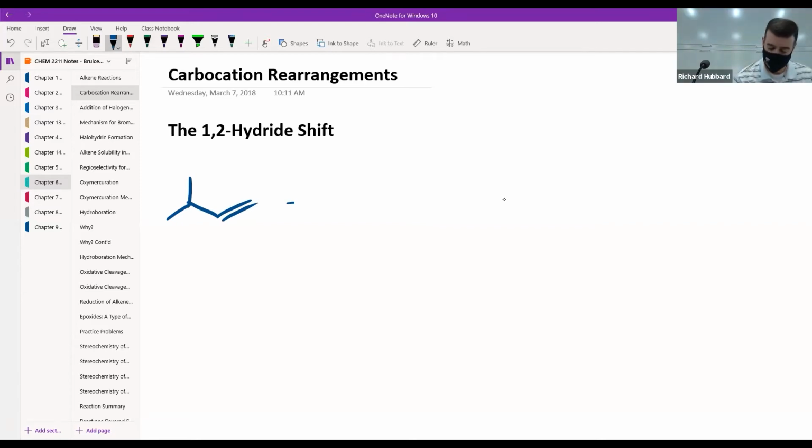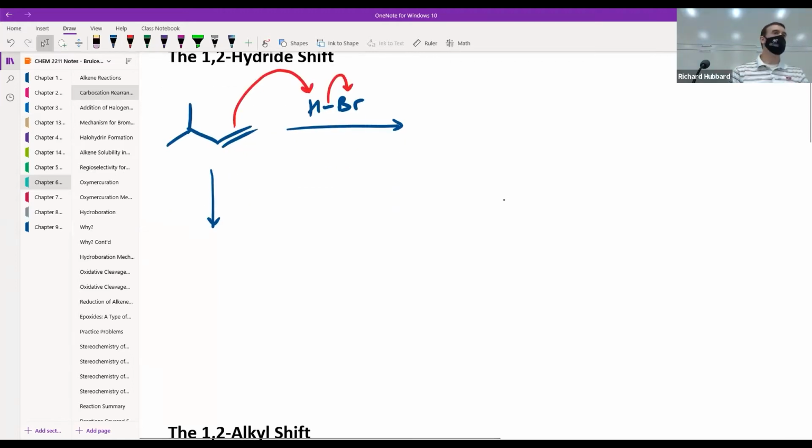Okay, so here's our starting material. And I'm going to show you HBr addition, right? So we know how this one works. First step of the reaction is drawing the arrow from the middle of our alkene to the hydrogen, then breaking the hydrogen-bromine bond. No surprise there. Will this lead to a regiospecific intermediate?